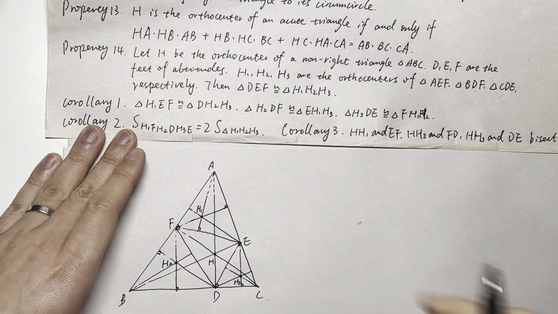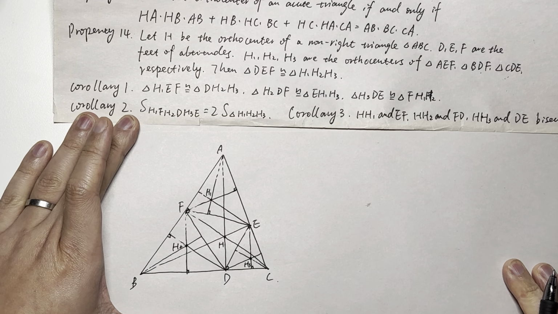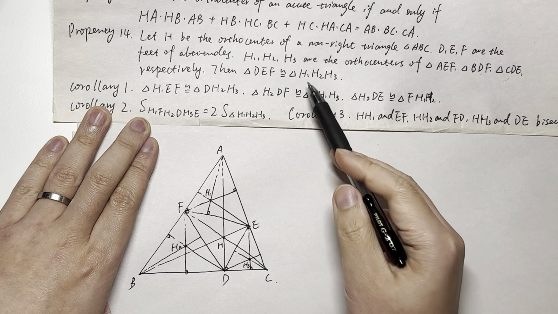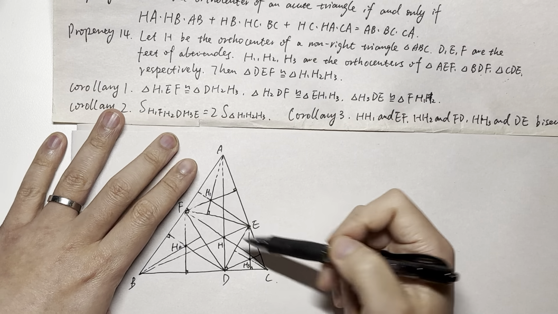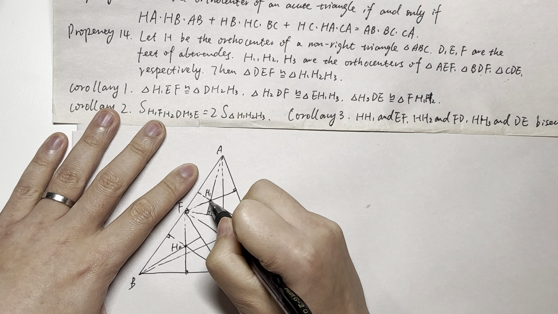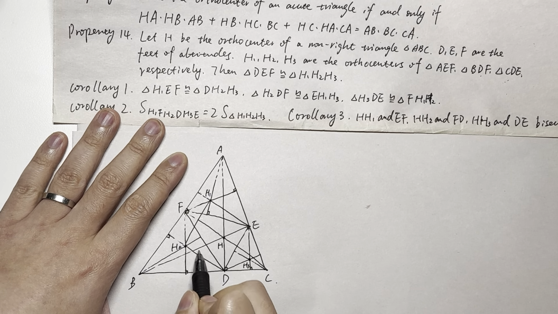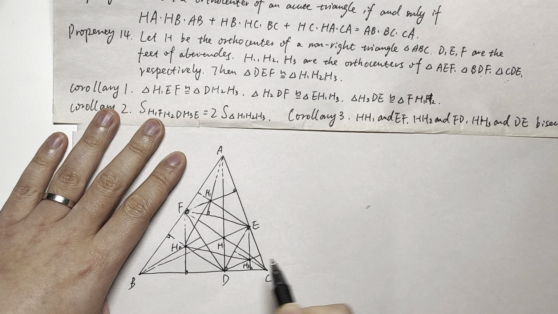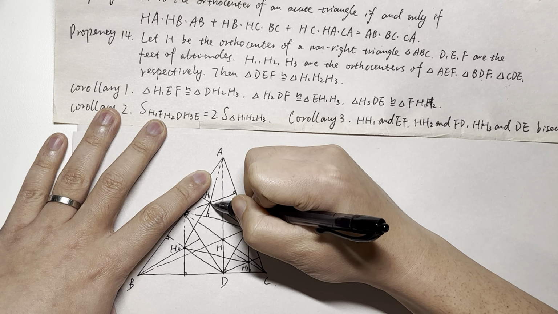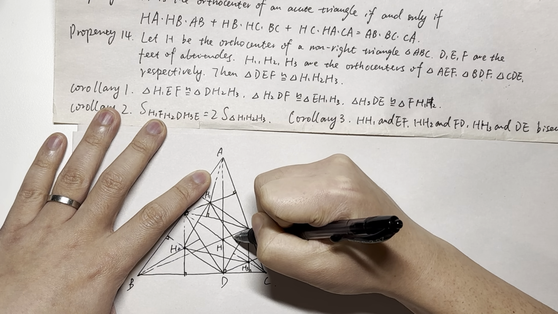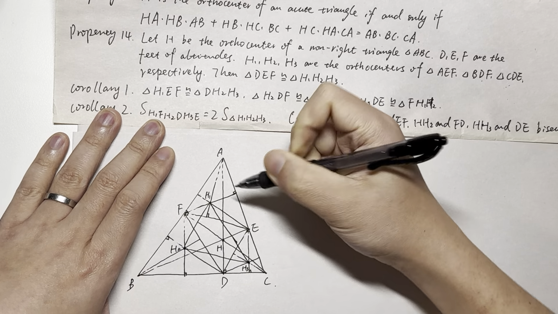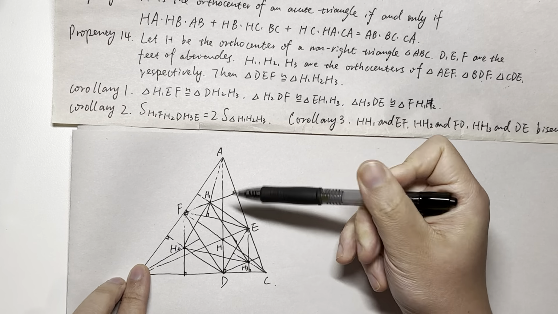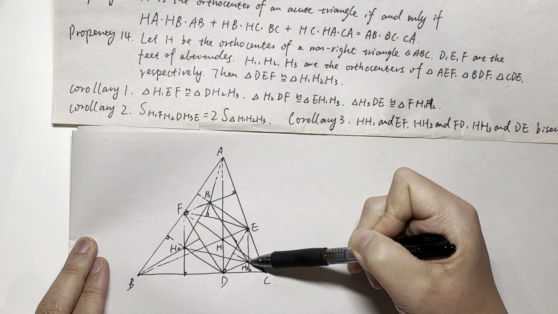Okay, so this is H3. And we want to prove that triangle DEF is congruent to triangle H1H2H3, right?